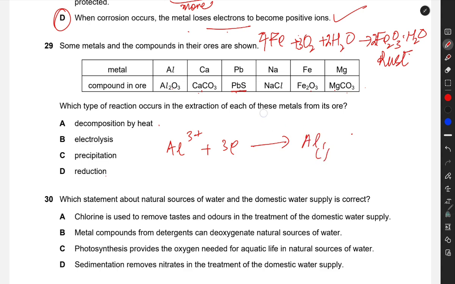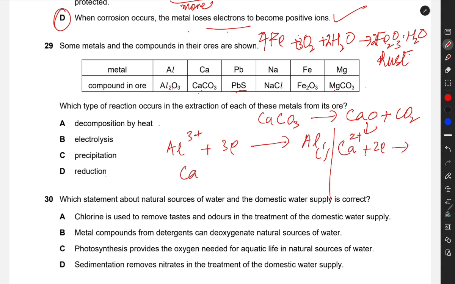When calcium carbonate first decomposes to calcium oxide plus carbon dioxide, then calcium oxide through electrolysis again gives reduction, Ca2+ plus O2- to form calcium solid. This is again a reduction process.